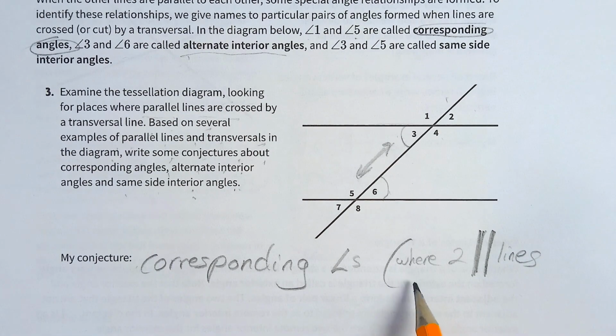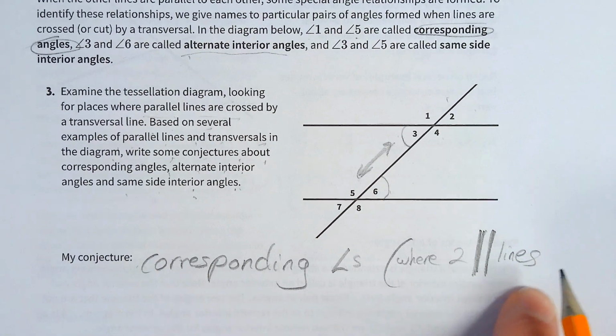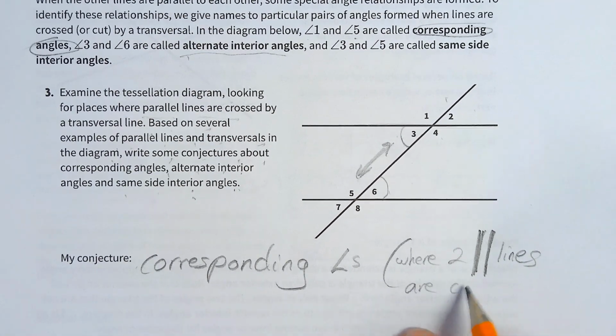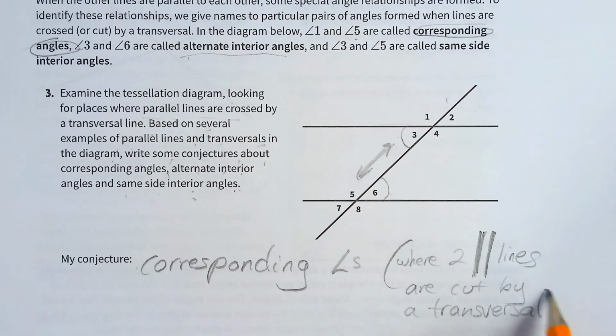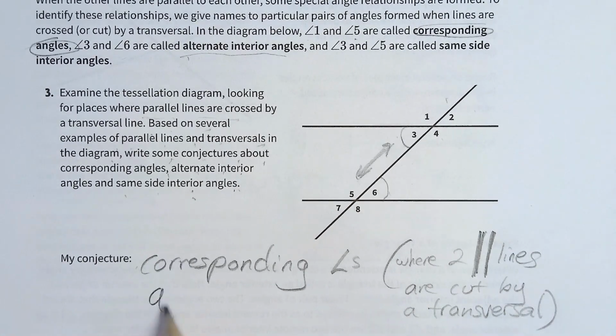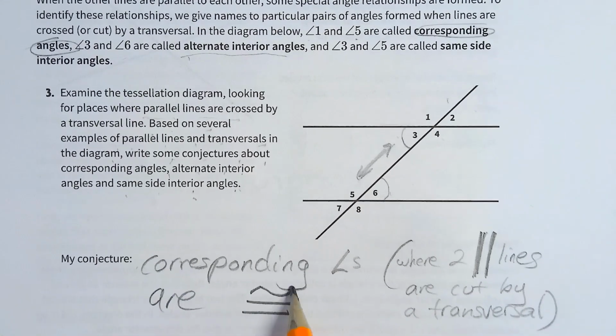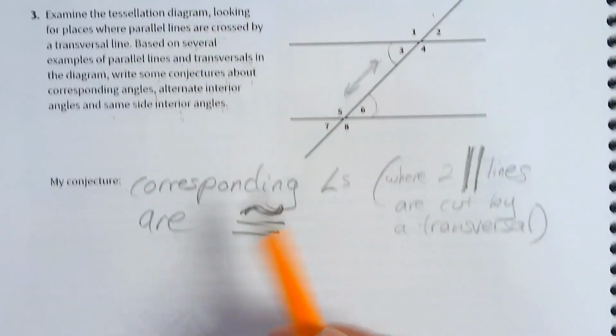Parallel. Corresponding angles, when two parallel lines are cut by a transversal, are congruent.